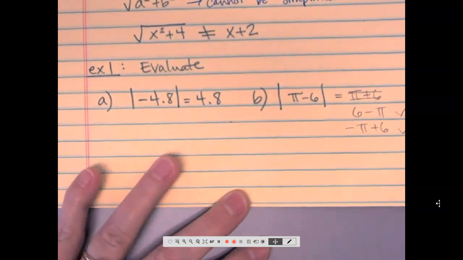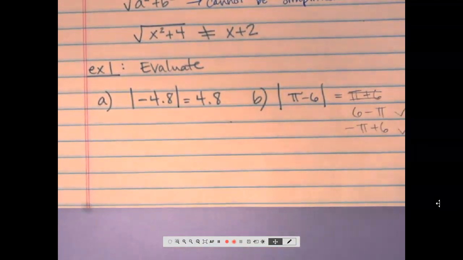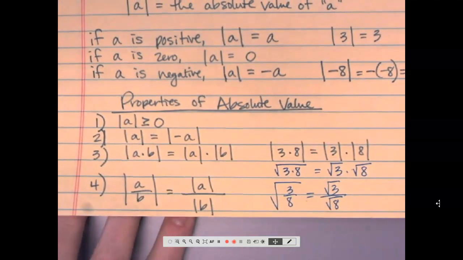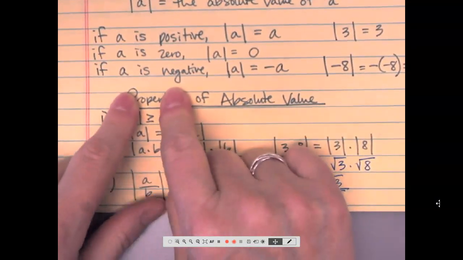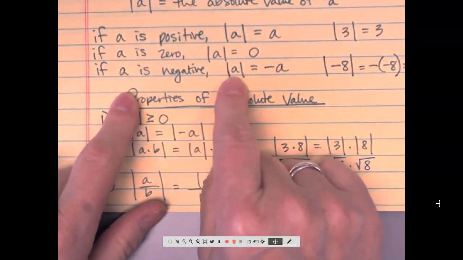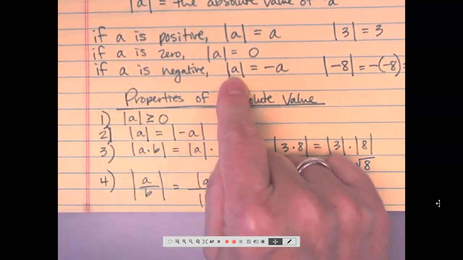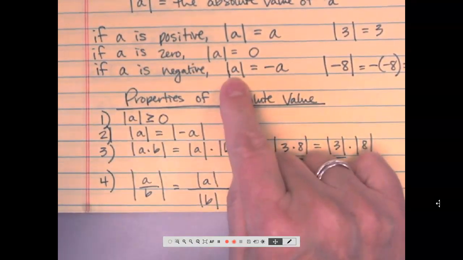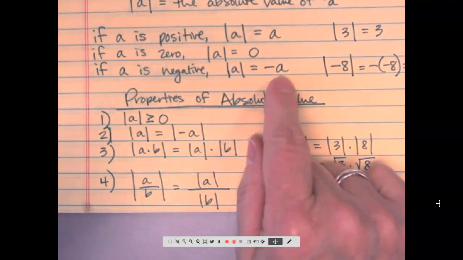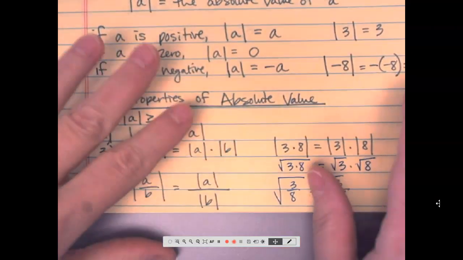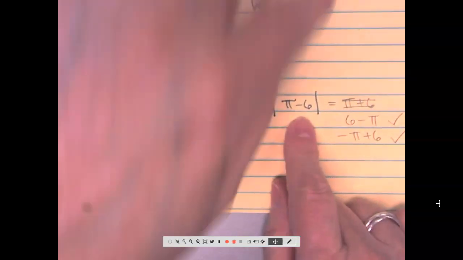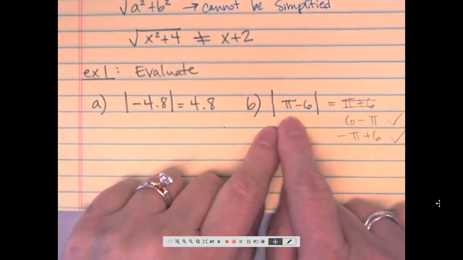Okay, now, why? How? Let's go back to this idea that we did not like right here. If this quantity inside the absolute value is negative, then our absolute value is the opposite of that, or the negative of that. Okay, so we knew that this was negative because 6 is bigger than pi.